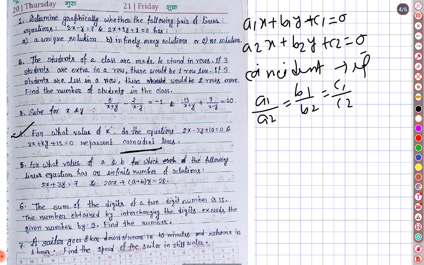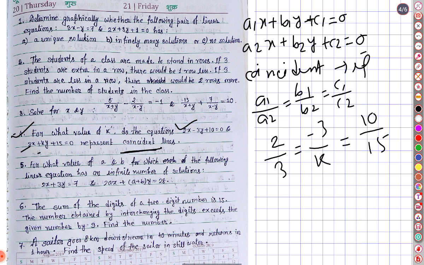So you compare this: from the first, the x coefficients are 2 upon 3, the y coefficients are k upon minus 3, and the constant terms are 10 upon 15.